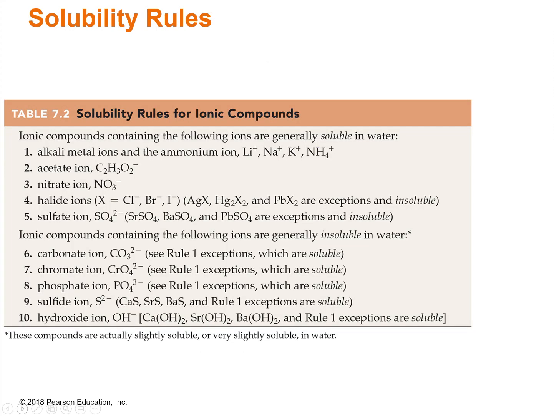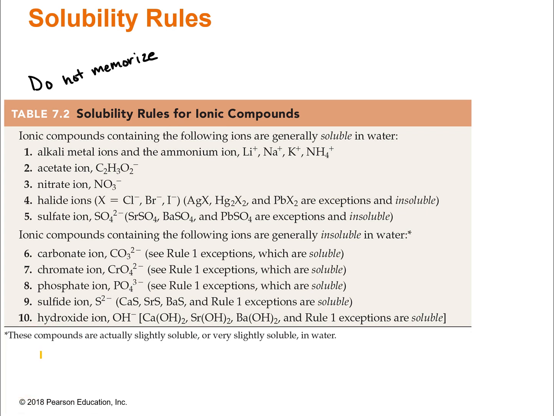Now you might be wondering, how in the world do you figure out whether or not you're going to form a precipitate? Here's how. The solubility rules. This table will be provided for you for your exam, so do not memorize. However, it will be utterly useless if you don't practice how to use it.